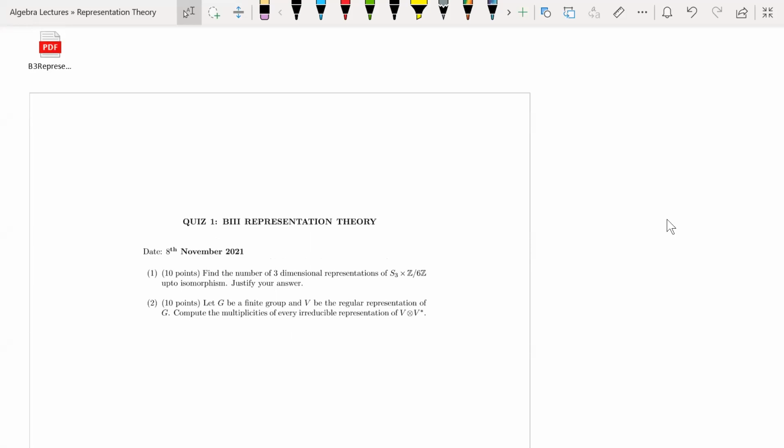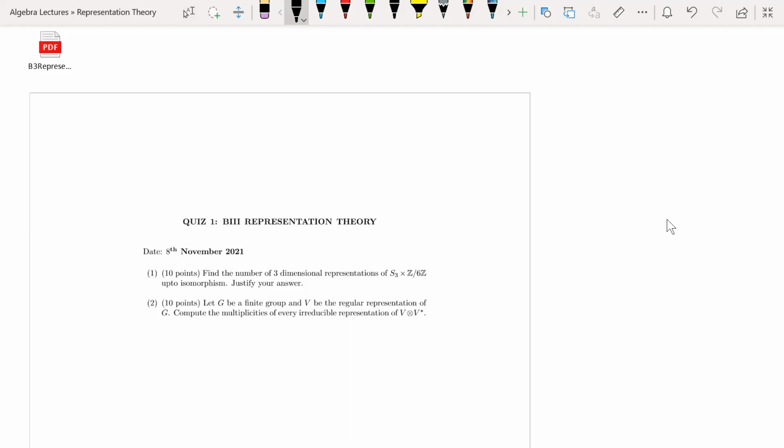Of course, if you are given a representation, we just use the fact that every representation can be decomposed into a sum of irreducible representations, and then count all the irreducible representations of S3 cross Z mod 60, and combine these two.